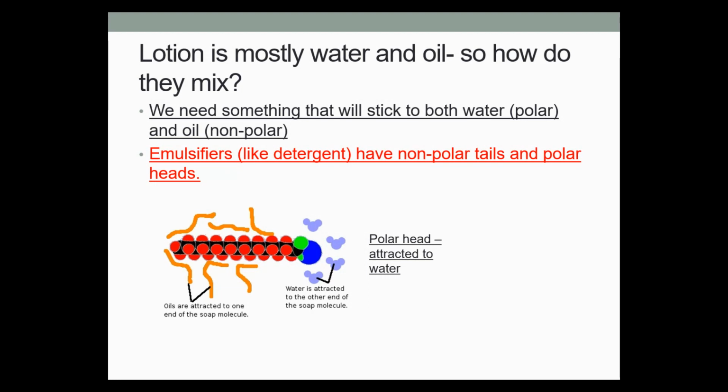The polar head of the molecule is attracted to water, and the nonpolar tail, the oil, is attracted to that. So emulsifiers, if, for example, you've ever made Caesar salad dressing, it's kind of the same thing. You use lemon juice and you use oil, and then you use egg, and egg actually will act as that emulsifier. We are going to use a different kind of emulsifier, but that is how it will work.